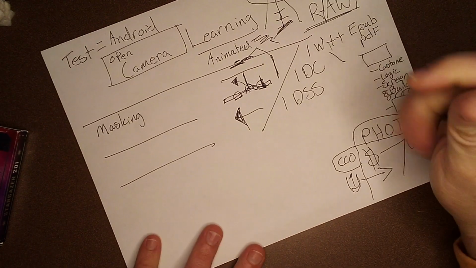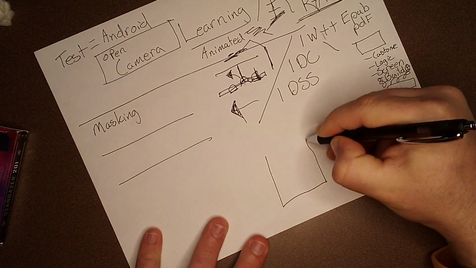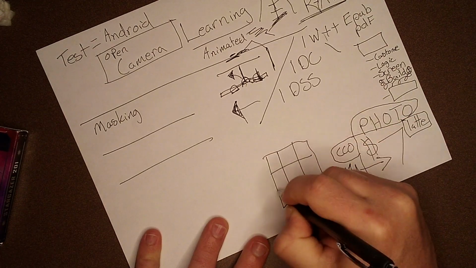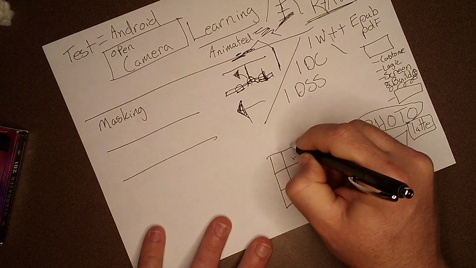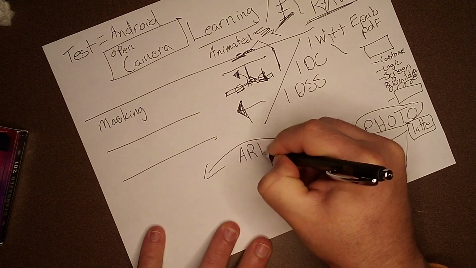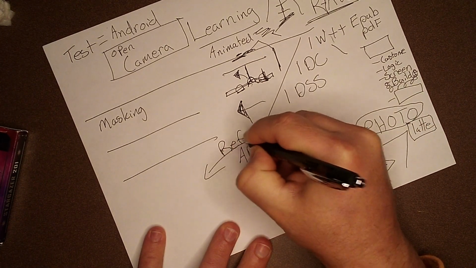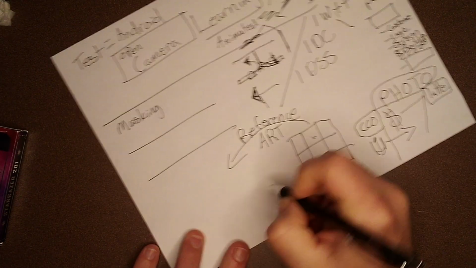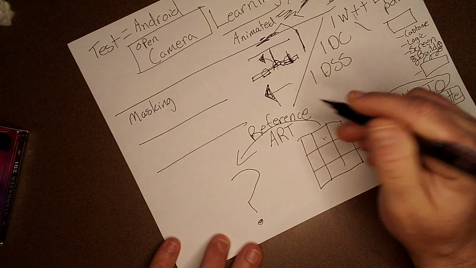And the reason for that is AI. This is the whole point. AI is going to take those images and use them to produce artwork, use them as reference. I don't understand their algorithm.